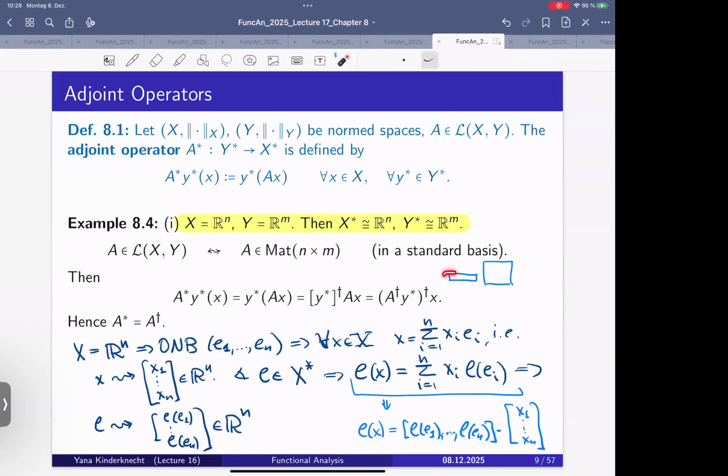This means that this is equal to this. If you make this product of a row vector and the matrix from the right, it is the same as if you first transpose the matrix, multiply it with the column vector on the right, and then transpose everything back. It's a property of matrix product.